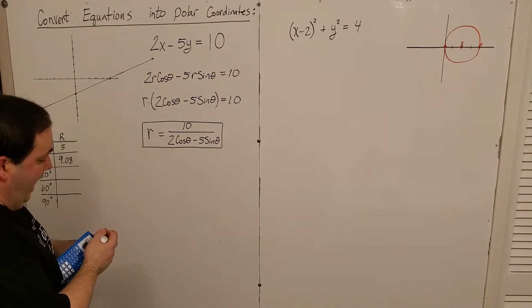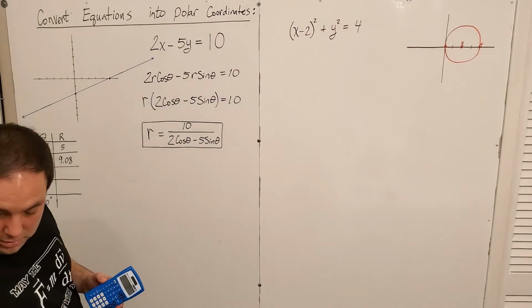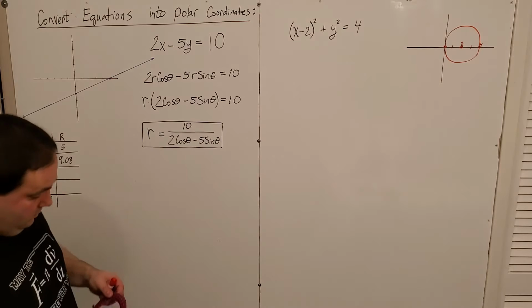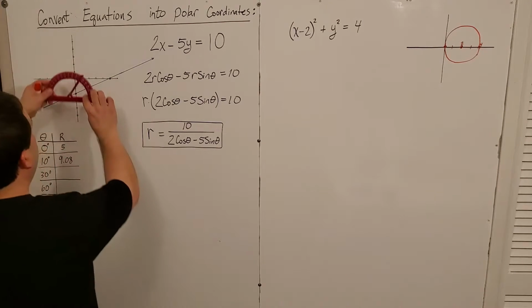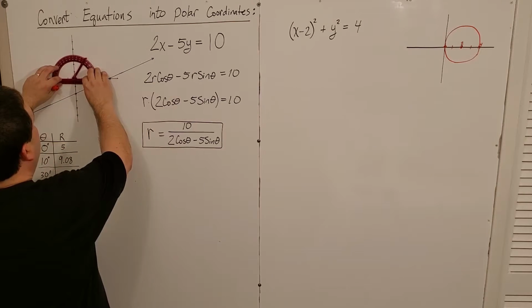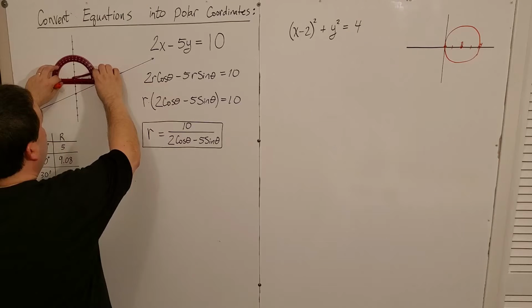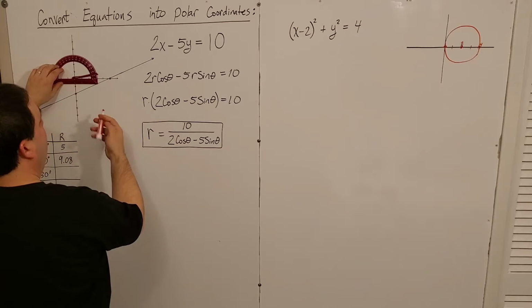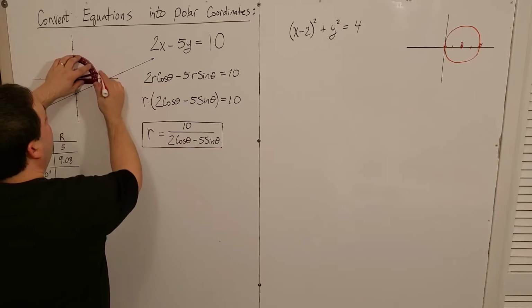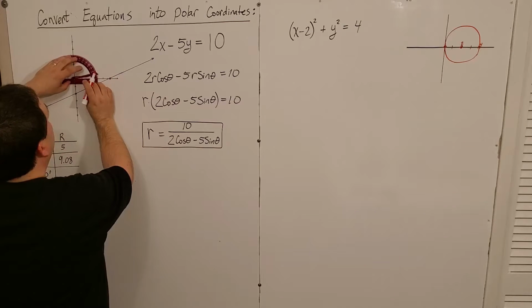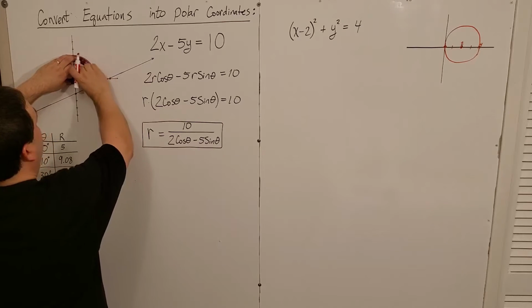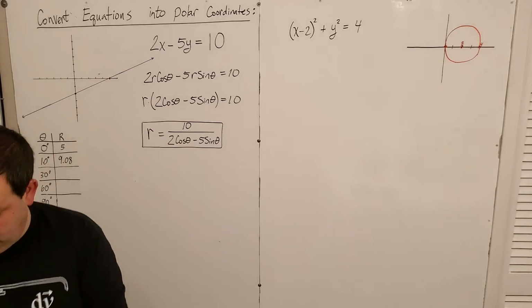So where is that at? Let's take a look at where that is. 10 degrees and a distance of 9, right? So from the center here, 10 degrees is here. 10 degrees, whoops, is right here. Okay?